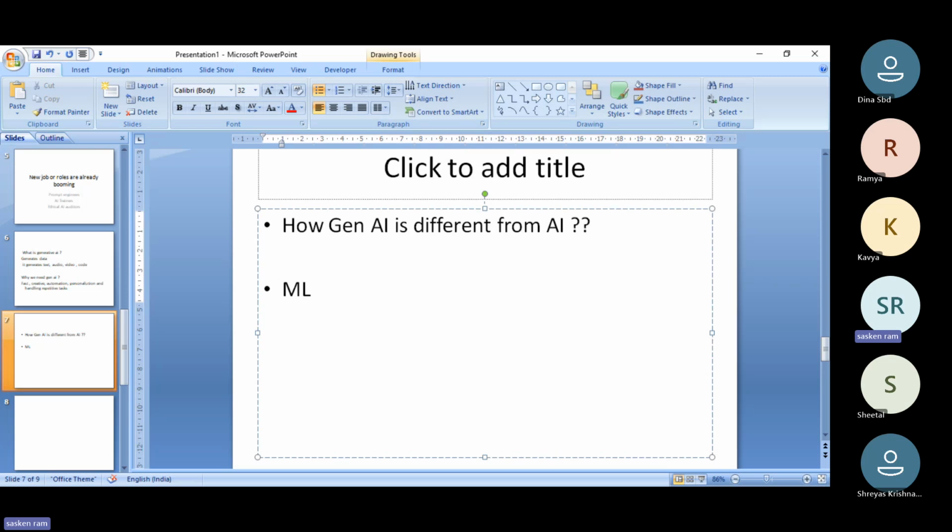ML predicts, then AI generates. That's all. So basically, traditional ML is evaluating the answers, while Gen AI is like writing the entire answer paper. Correct?